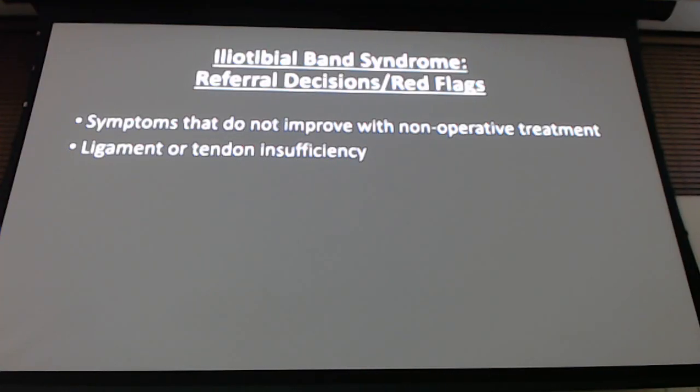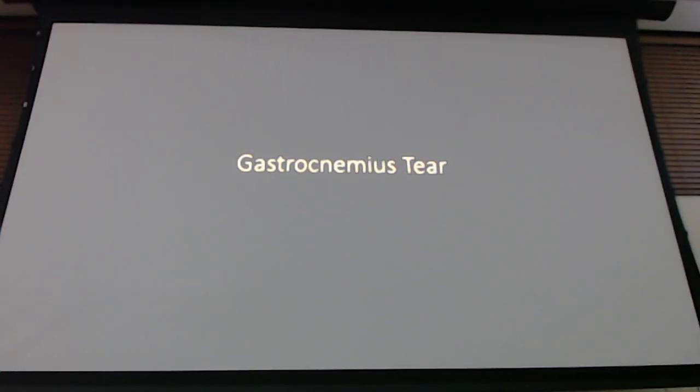Going back to ACLs, do we sometimes say ACL insufficiency when somebody has a complete rupture? Yes, it's not sufficient in the case of the ACL to provide resistance to anterior translation. Same thing with the IT band. If for some reason you have weakness, we may have to do something about that. Okay? Any questions about IT band?